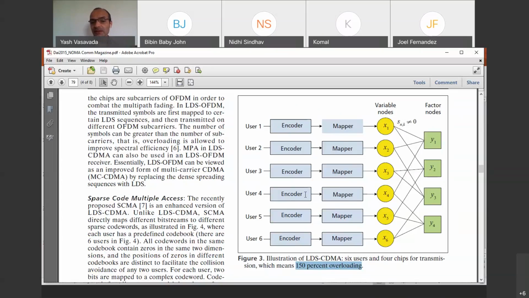But even for the other schemes, close to 100% loading means you are dealing with a lot of interference, and even the decorrelator may not work very well. Even MMSE may not work very well. Whereas here, even with 150% overloading, the claim is that this scheme will work pretty well.